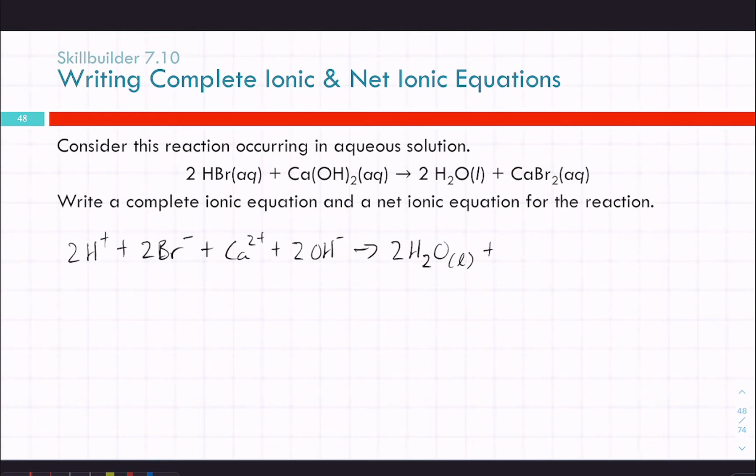Then calcium bromide is aqueous, so it's going to be calcium 2 plus 2 Br minus. And I'm keeping here the number of each type of ion, although you don't necessarily have to, but you will have to rebalance it. Sometimes you'll have to rebalance at the end.